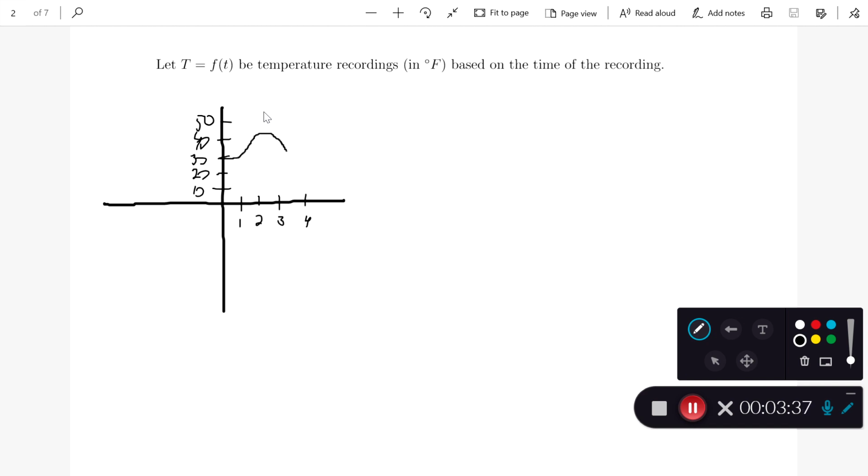So if we had been recording the temperature continuously, the curve might have looked something like this. Now, if we did need to find the average value of this function, what we should do is take function values and divide by the total number.